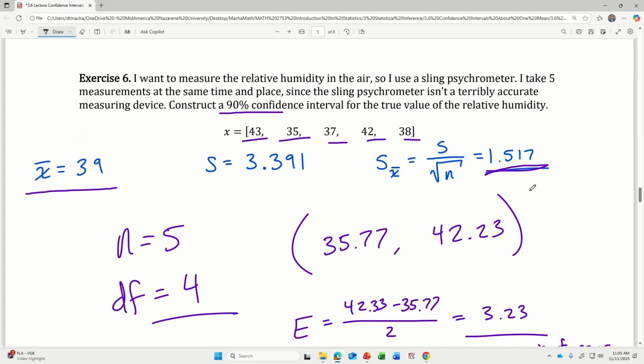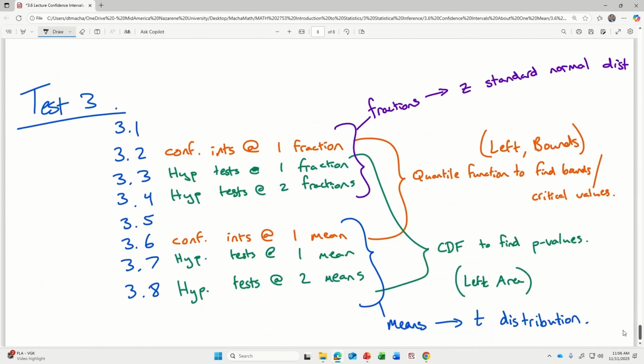When do you use the z one? Is it whenever you don't know the standard deviation? The z is going to be whenever we are dealing with fractions, because we assume that if n times p times 1 minus p is greater than 10, the sample fraction is approximately normally distributed, so then we can use the standard normal distribution.